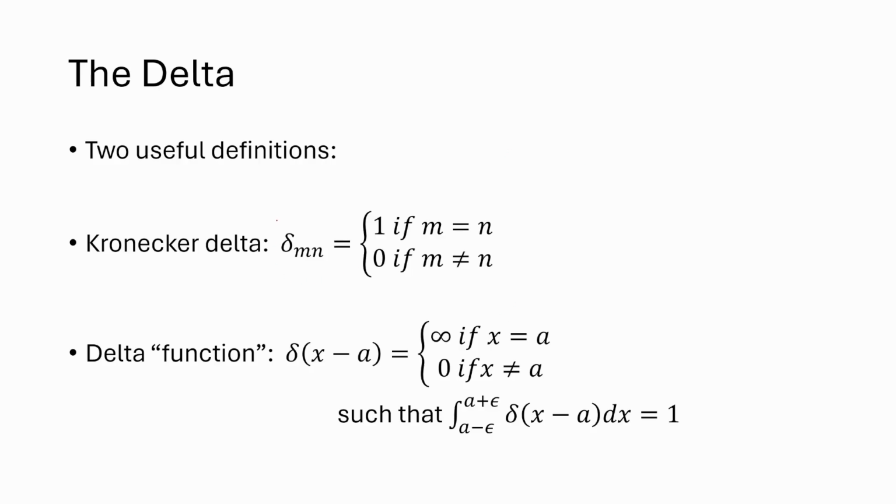So you can use these deltas, the Kronecker delta here, as almost like a logical operator in your mathematical expressions. It takes two numbers as arguments, and then it just asks the question, are they the same or are they not? And if they're the same, it returns 1, and if they're not the same, it returns 0.